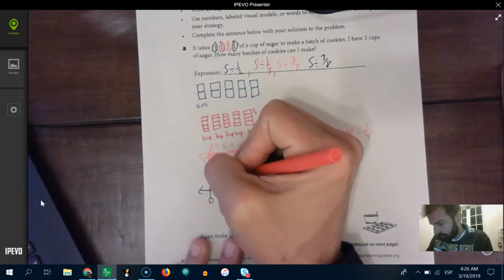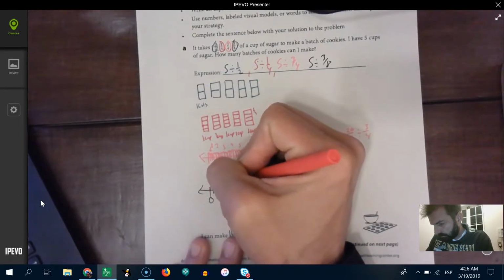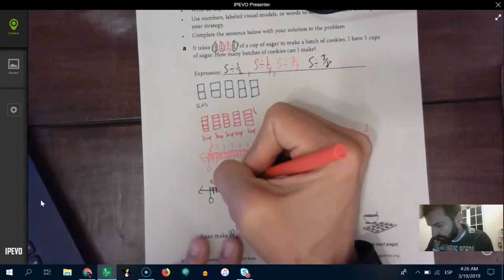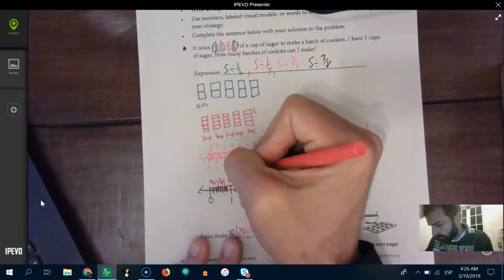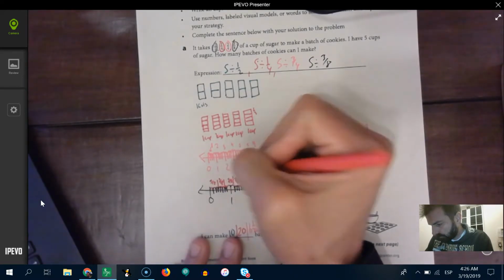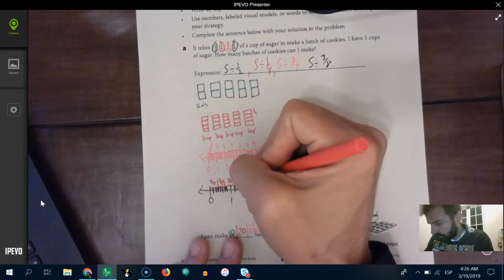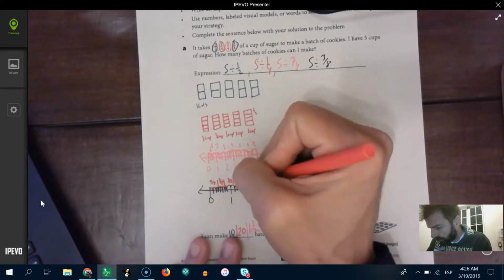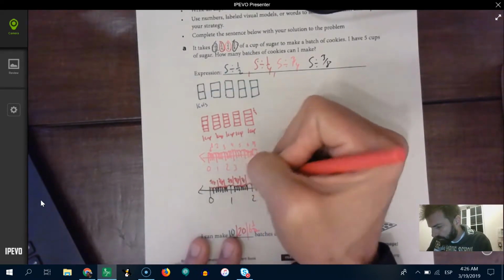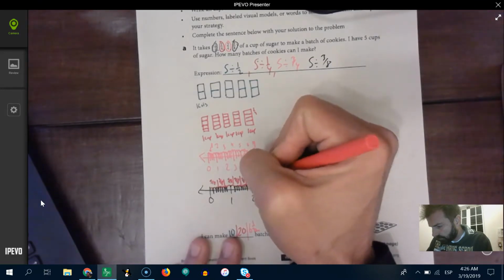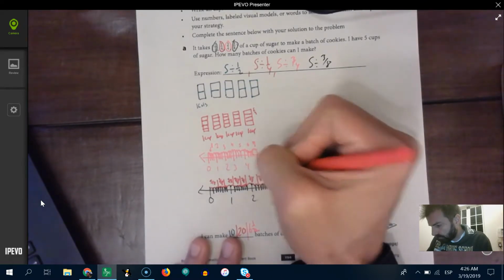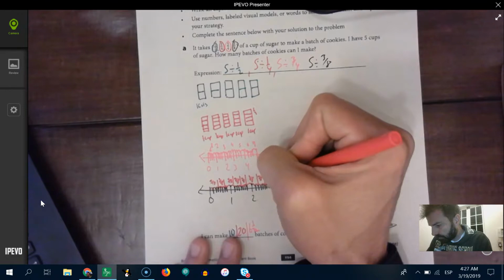Then 1, 2, 3, this is 3/8. 1, 2, 3, that's 3/8. Again 3/8, and 3/8, and 3/8.